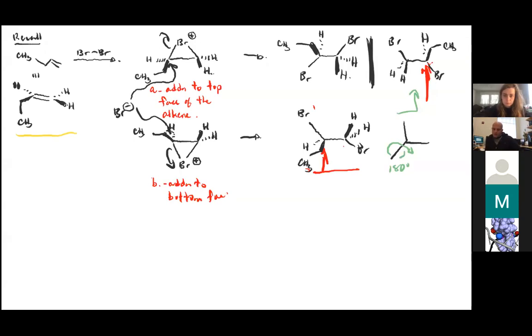All right, so now we want to go to cases that are a little bit more complicated. And the one that we'll start with is the easier one. And this is a symmetrical 1,2 disubstituted alkene.